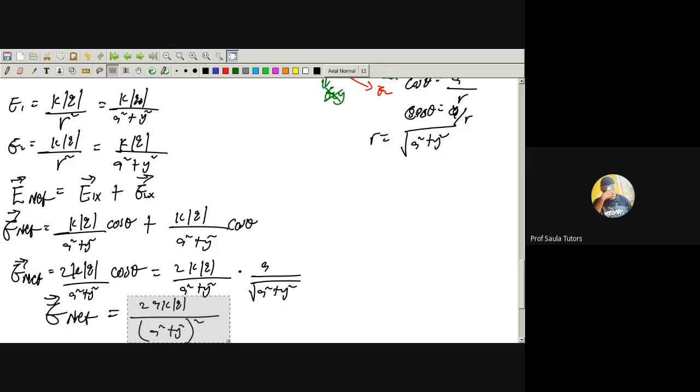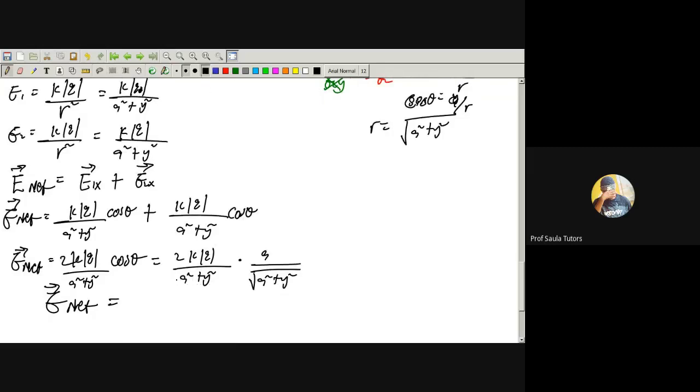Sorry. So I have 2akq over this, a square plus y square, raised to power 3 over 2. This is the answer.